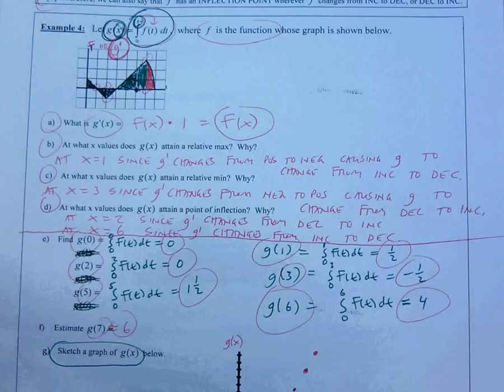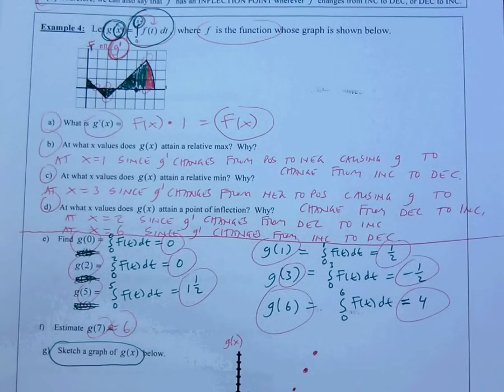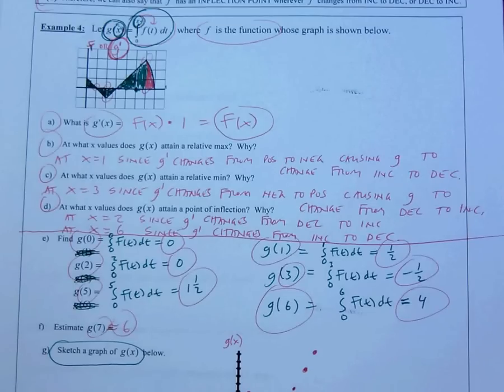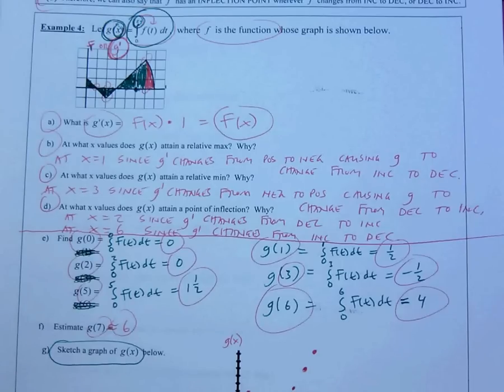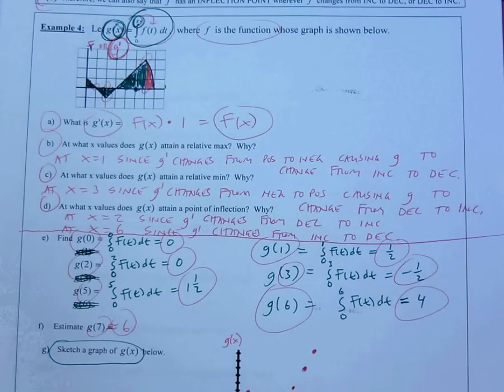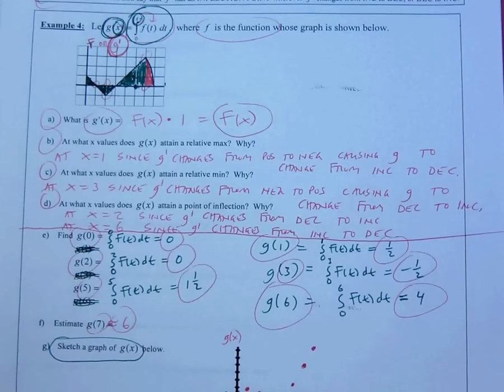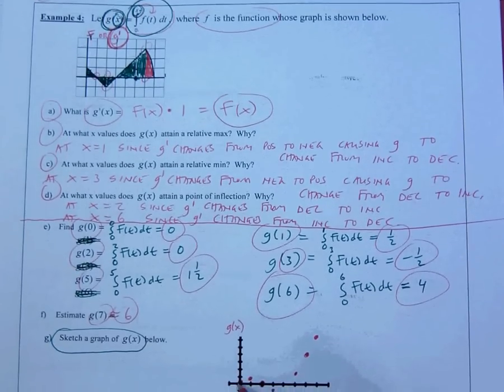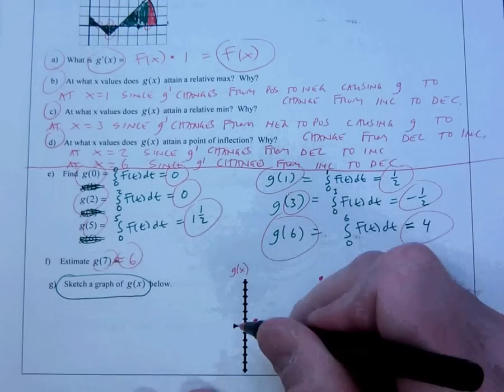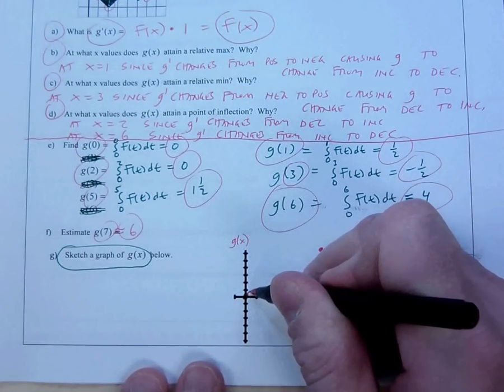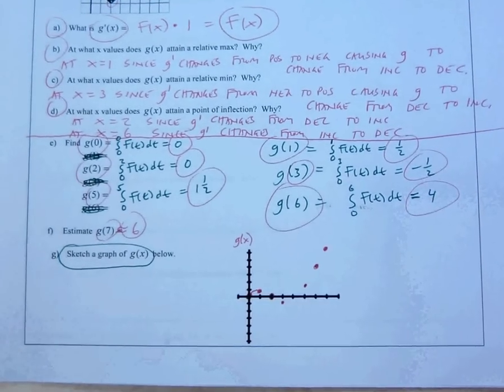So if G prime is positive and decreasing, what can you tell me about G? It's increasing and concave down. So I'm going to connect these dots with a graph that's increasing and concave down. So kind of like that. Yes? See how that's increasing and concave down?